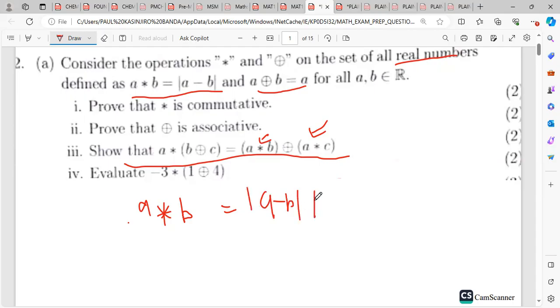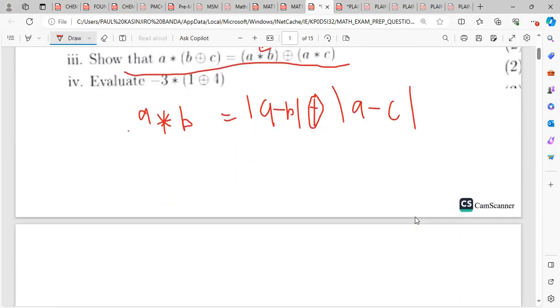Then I'll put cross circle in between. Then they have A star C following the same one there. It means the A is in the place of A, but the C is now in the place of the B there. So on their side, I have A minus C. So this is what I have now.